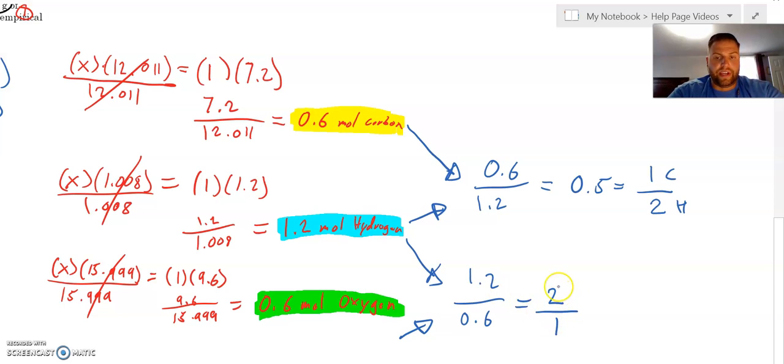And what this now tells me is that there are 2 hydrogens for every 1 oxygen. And what I want you to notice is that the numbers for oxygen and carbon are the same. So there are 2 hydrogens in comparison to each of those.